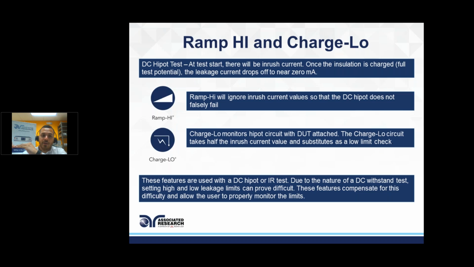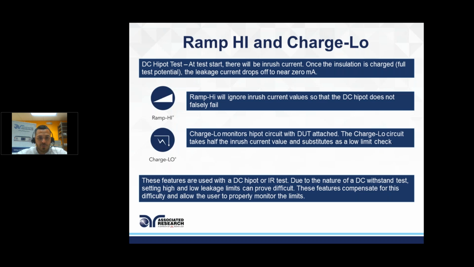Hey, I just saw that inrush of reactive current. I'm going to maybe divide that by 50, and on your next test, I expect my reactive current to definitely surpass that level. If you don't surpass that level during your ramp time, then you probably didn't connect anything, because I didn't get that quick reactive current. And so charge low has become a quasi-replacement for your low limit.